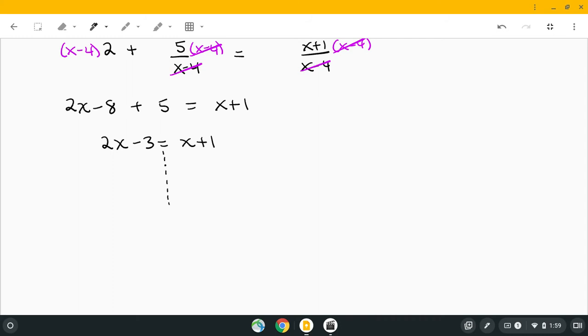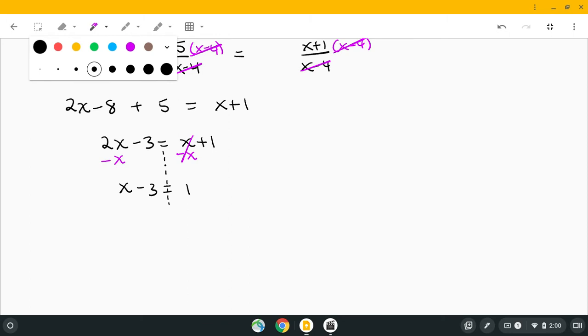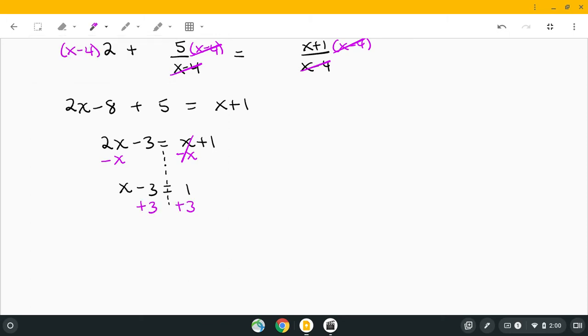Now I can solve as usual. I'm going to cancel one of my x's here because I have x's on both sides, so I'm going to subtract x here and here. That will give me x minus 3 on the left-hand side and 1 on the right-hand side. Finishing up the solving process, add 3 to both sides, and we end up with x equals 4.